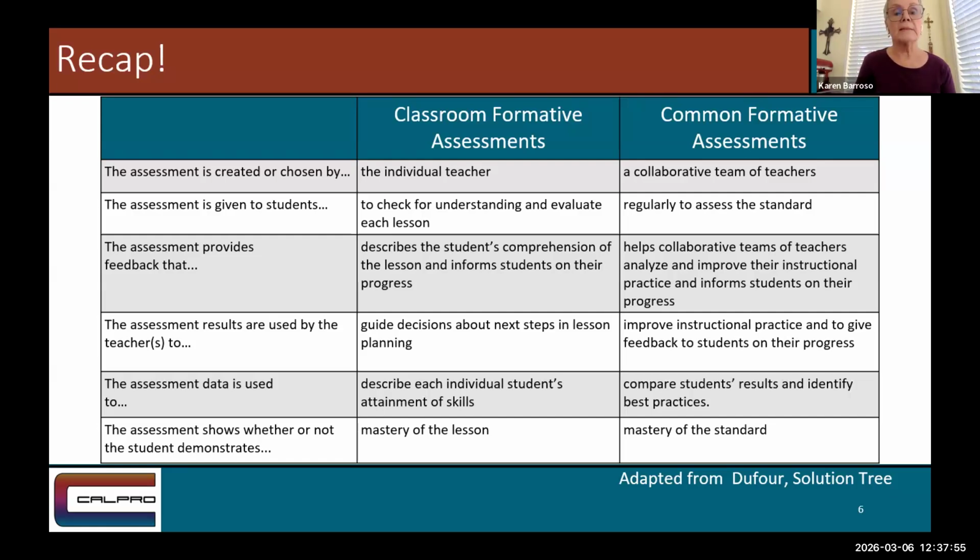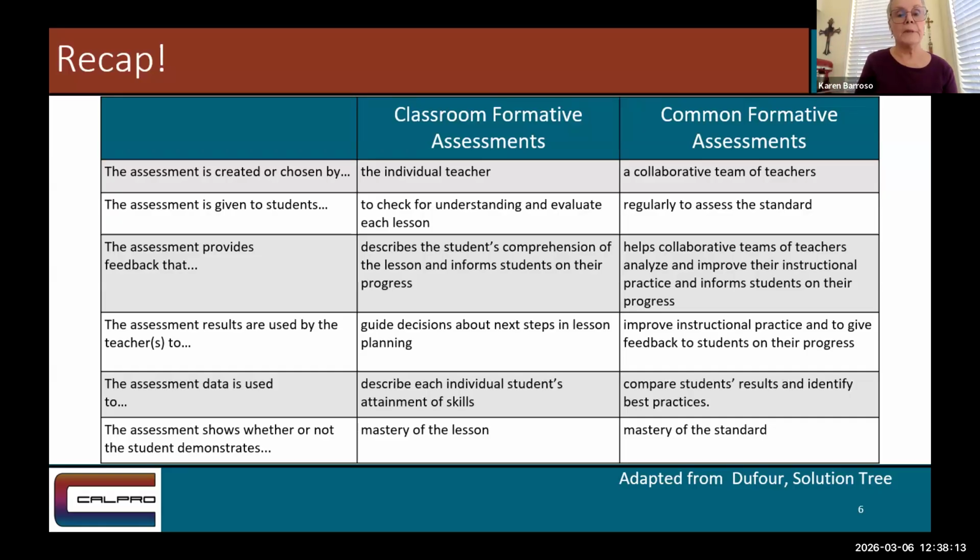The second one, the assessment is given to students to check for understanding and evaluate each lesson. All right. In common, regularly to assess the standard. Okay. So we're looking at lesson and standard.